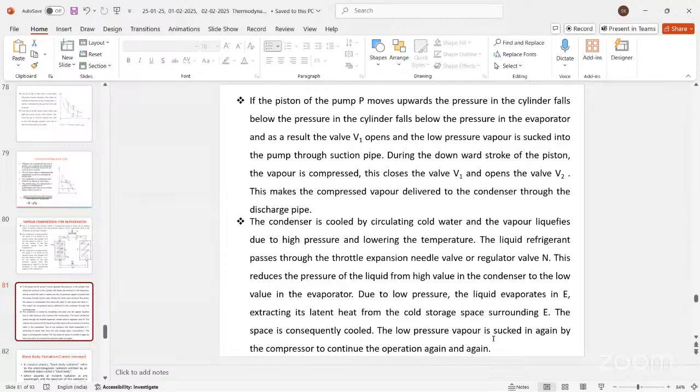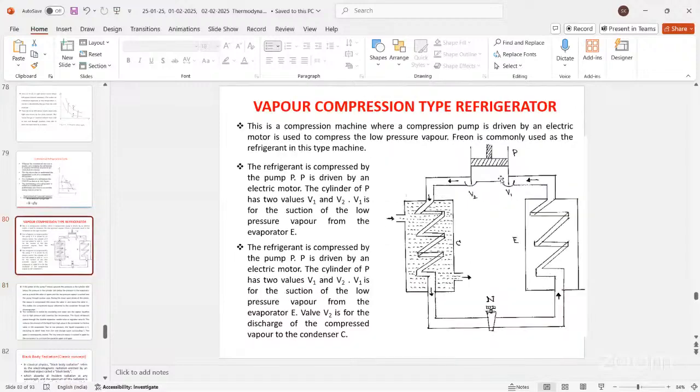The low pressure vapor is sucked in again by the compressor to continue the operation again and again. So if we apply pressure from here, suction happens here. If we switch it on, it will move forward; if we switch it off, it will come back again. Okay, so this is the vapor compression refrigerator.